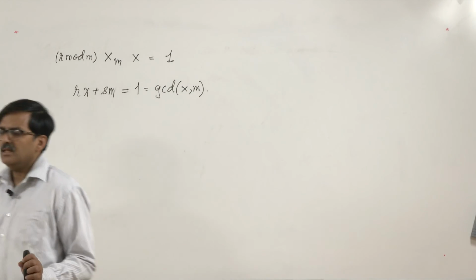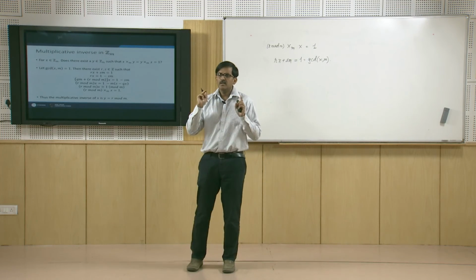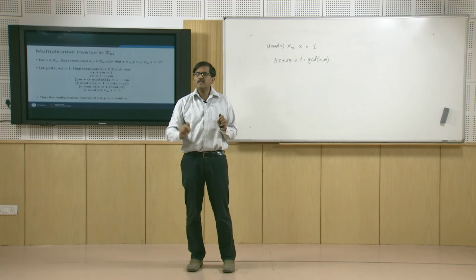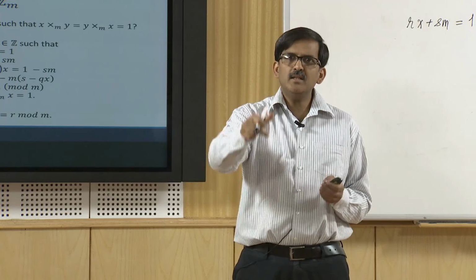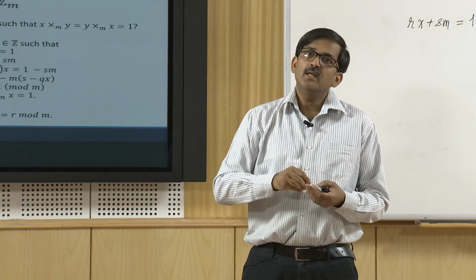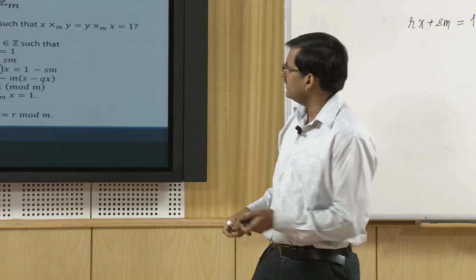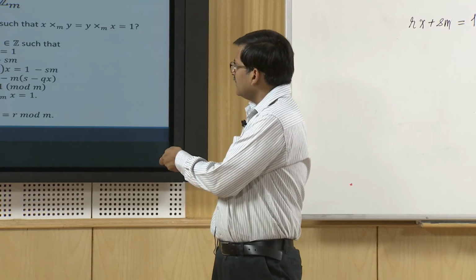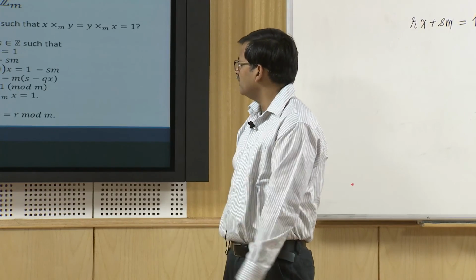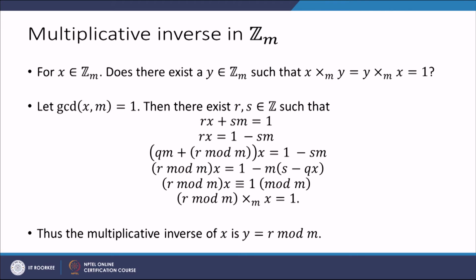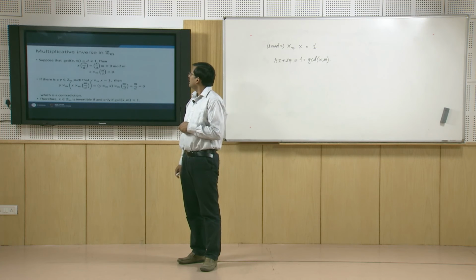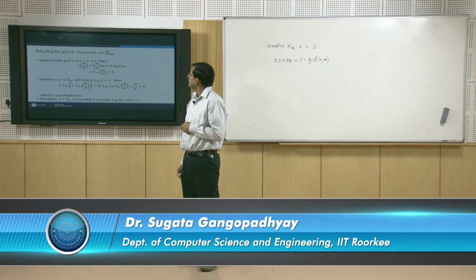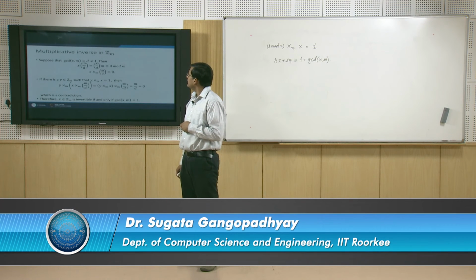So, one thing is clear here, that if the GCD of x and m is 1, then you will get another integer in Zm, let us say y, such that y times x is going to give you 1.